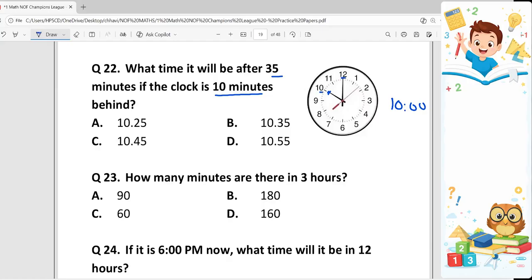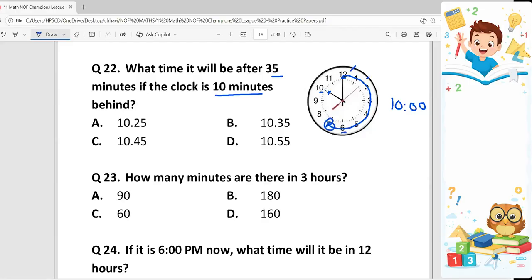That means it is 10 o'clock right now. And now they are saying that it is 10 minutes behind. If we take this time only right now, then after 35 minutes it has to be over here, isn't it? 6 is half hour, so on 7 it will be 35 minutes.